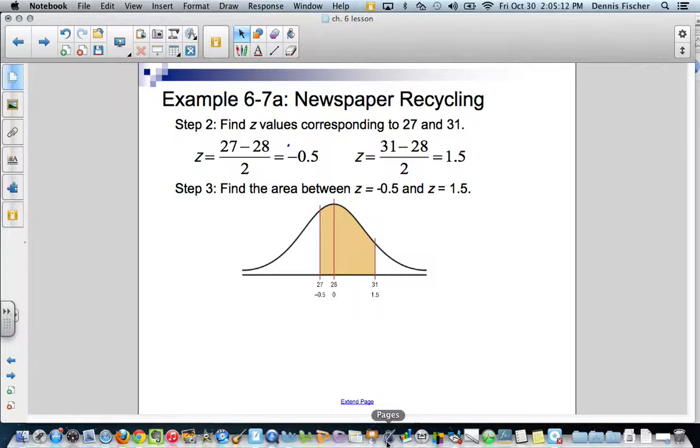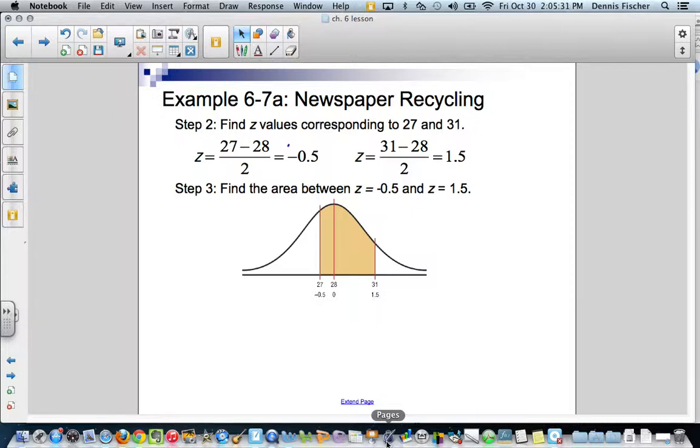First area, let's just do that 1.5, right? So you go to your chart and look up 1.5. Somebody asked where they went over; it's 1.50. So looking at the chart, it would be 0.4332.